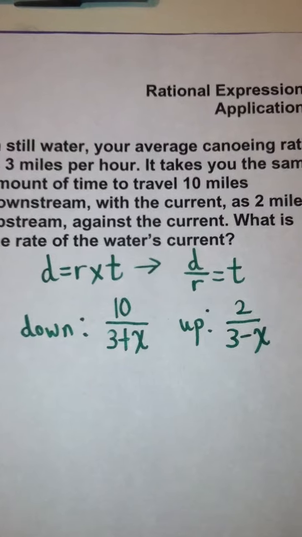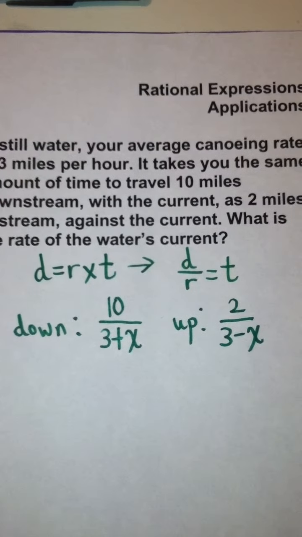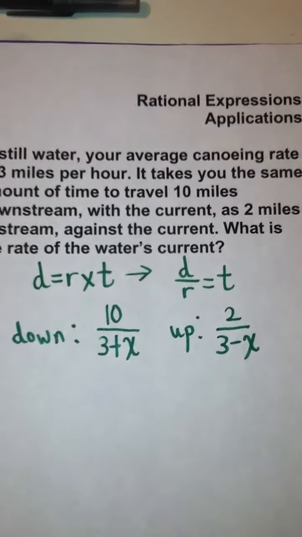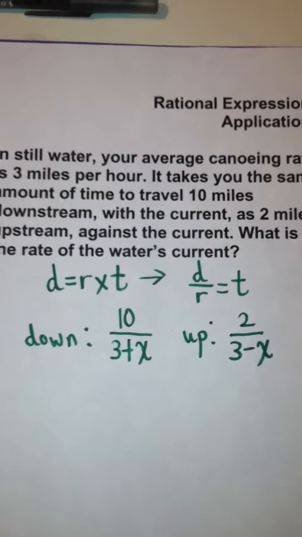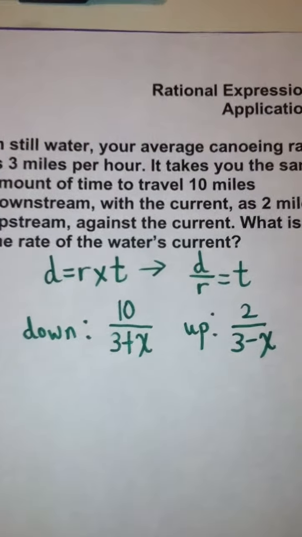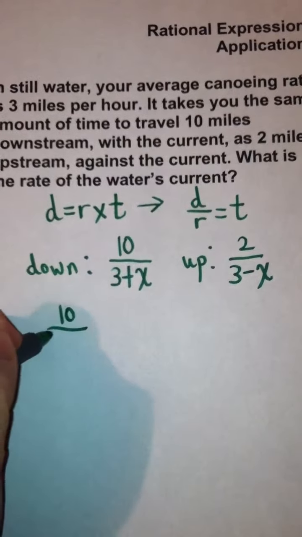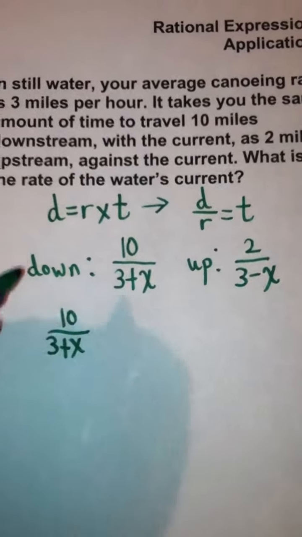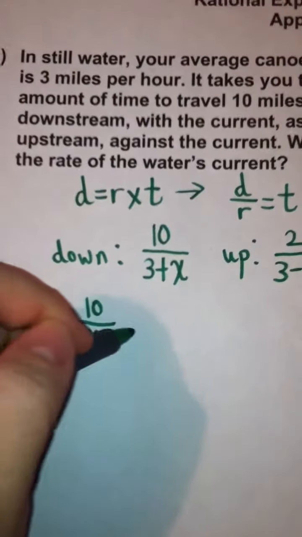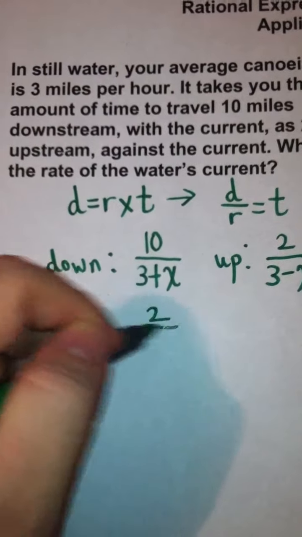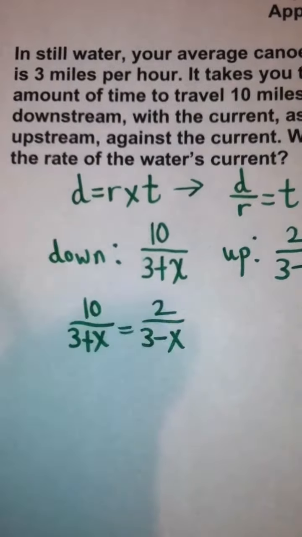Since both of these occur in the same time, these two fractions are equal to each other. So we have 10 over 3 plus x equal to 2 over 3 minus x.